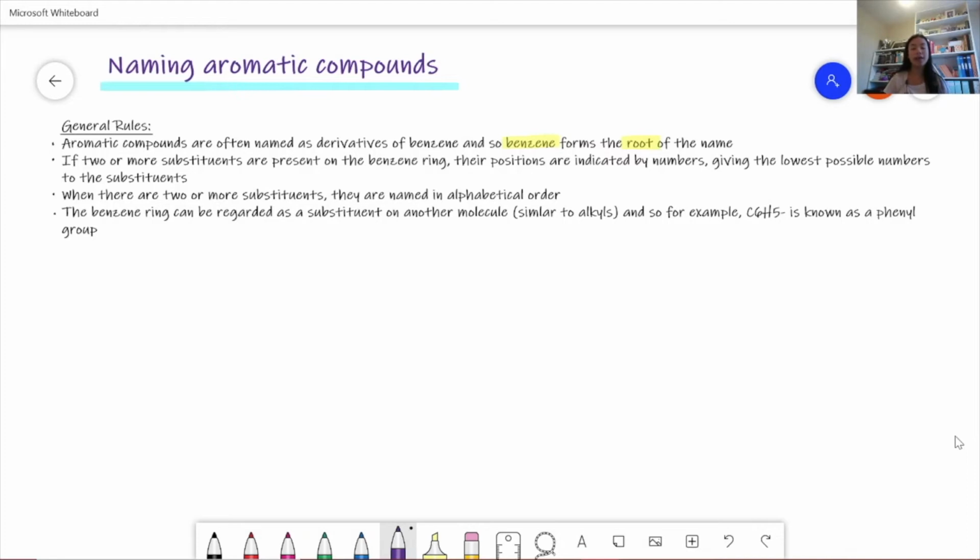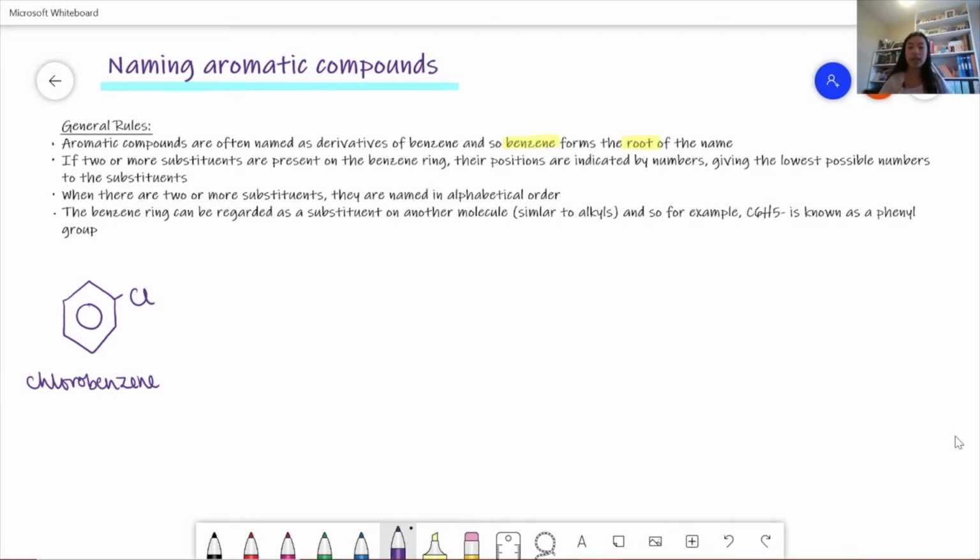So for example, we could have a benzene ring and then a chlorine attached, and we would call this chlorobenzene. Because it's derived from benzene, we put benzene in the root of the name, the main part of the name, and we have chloro as a substituent.